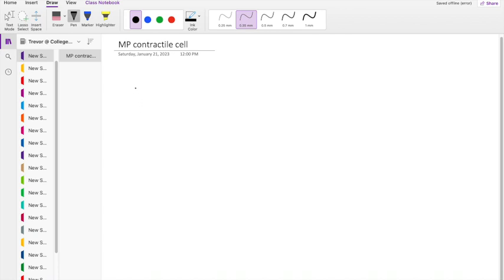Okay, so the first thing we're going to have then are just our axes like we had last time. So we got a y-axis and an x-axis. Of course, this is going to be membrane potential. We measure that in millivolts. And then down here we have time, and we measure that in milliseconds. Just some things we can plot out here.